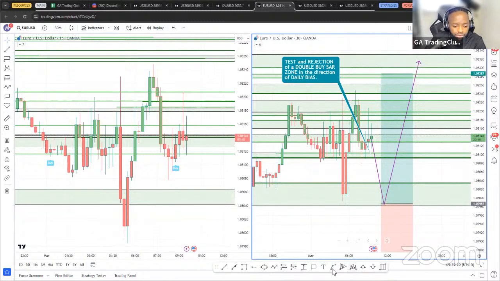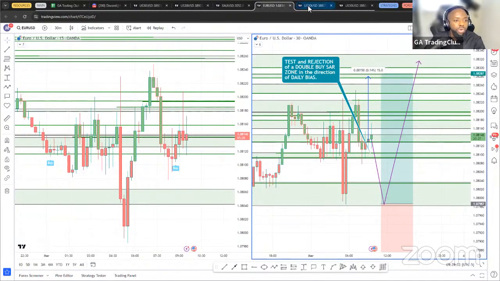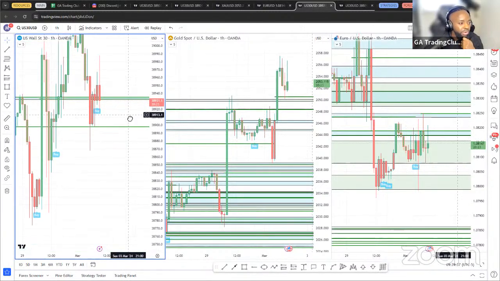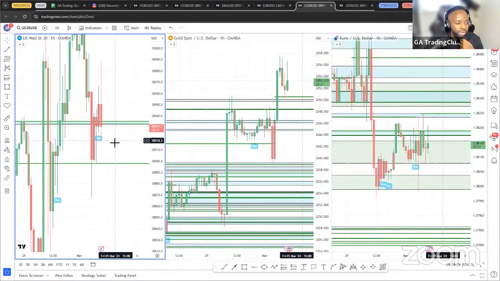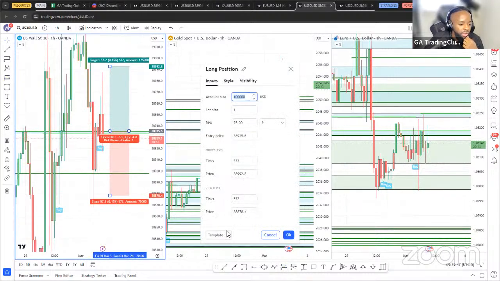If price got to that point first before coming back down, we just go ahead and forget about the trade and wait for a new trade setup. So that's the zone right there. What I would anticipate is price to come in here first before going back up there. On the hourly time frame, we have a possible break and continuation here, but that's in the next 20 minutes. So this is a pending break and continuation on US 30 right there.